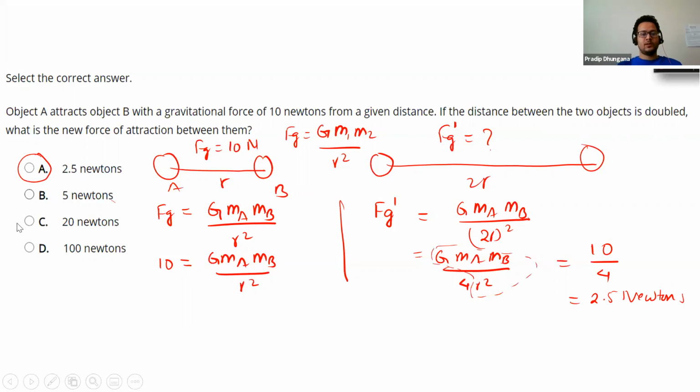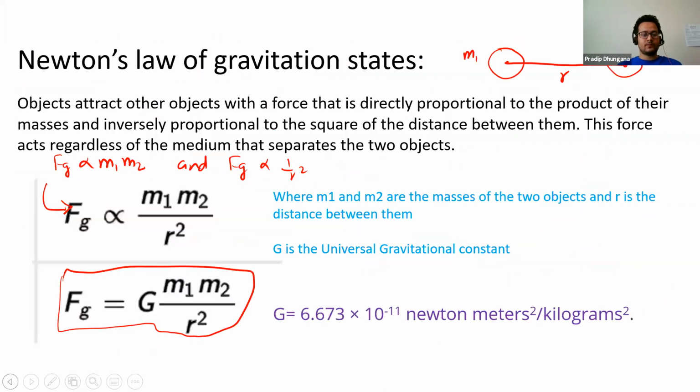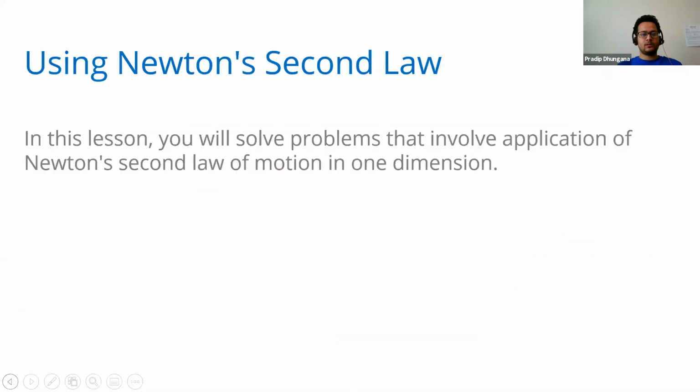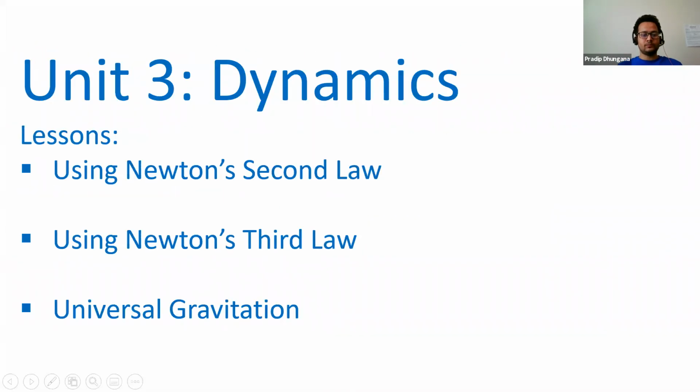Now let's go back and summarize everything we did today. So today we went through these three lessons. First one is Newton's second law of motion. Let me briefly explain that.